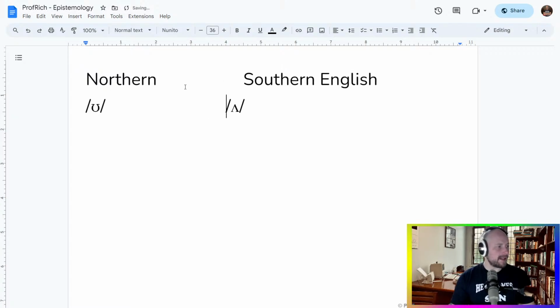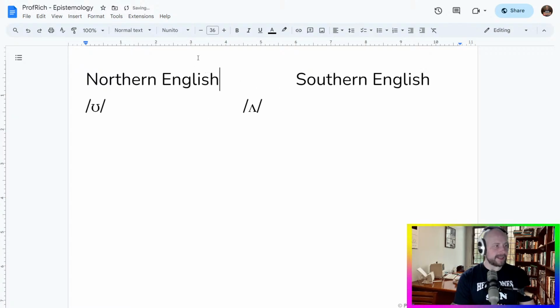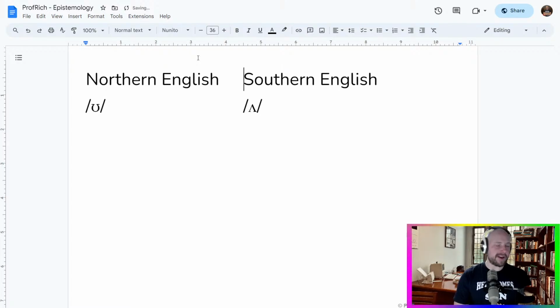Yeah, in general, with Northern English, we say it differently whenever the Southerners say it their way. Now, I actually do both because I'm an English teacher and that's what happens. Also, I haven't lived in the north of England for 22 years.